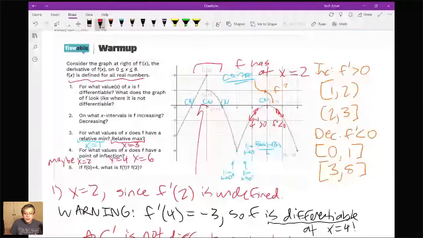All right. So, making a real broad question here: if f of 0 equals 4, then what is f of 1?